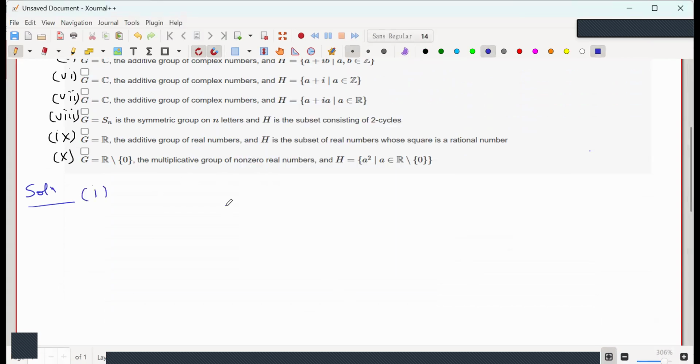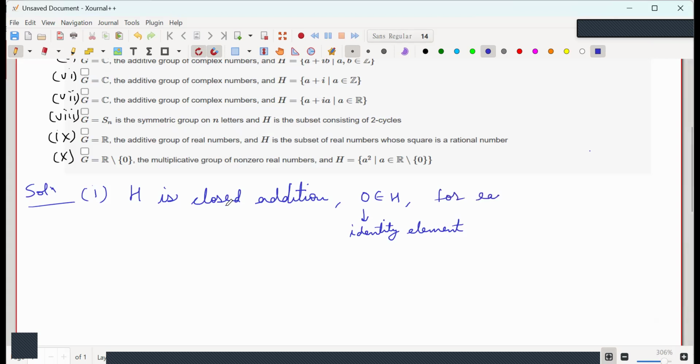First of all, H is closed under addition, and also the identity 0, which is the identity element, is also inside H, and for each element, say n belongs to H, there exists minus n belongs to H such that n has this minus n as its inverse.